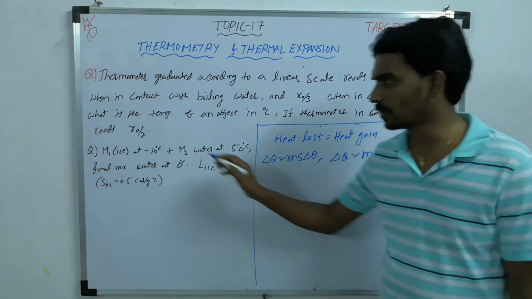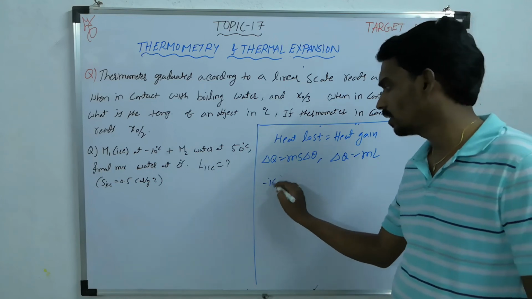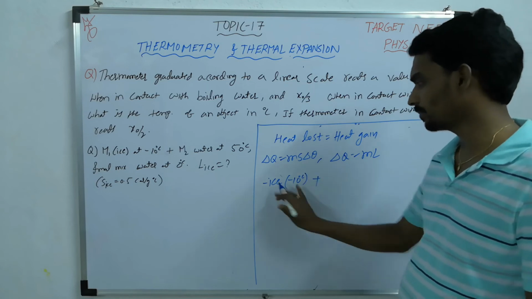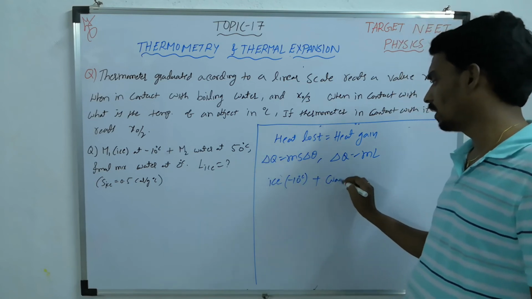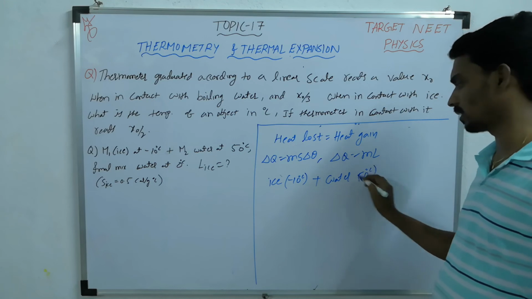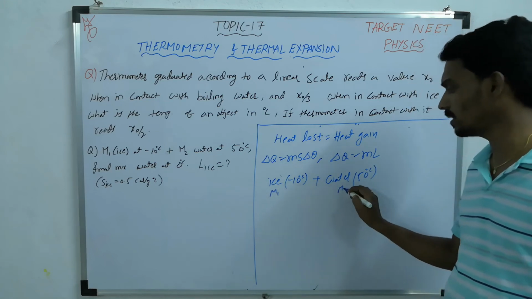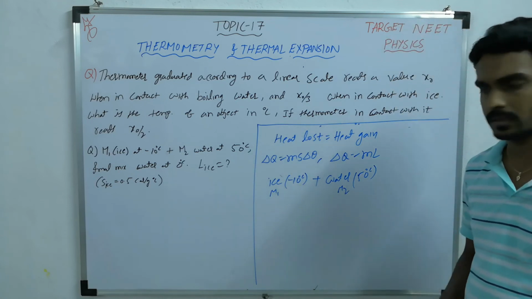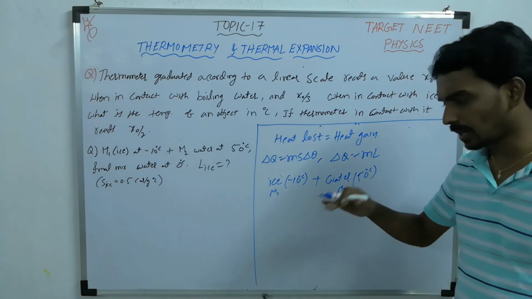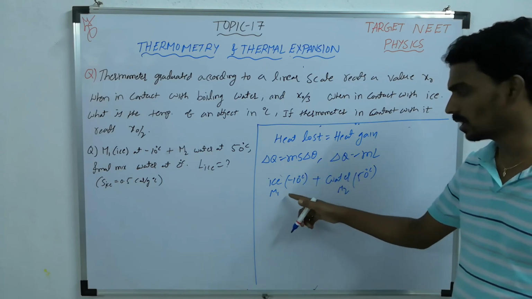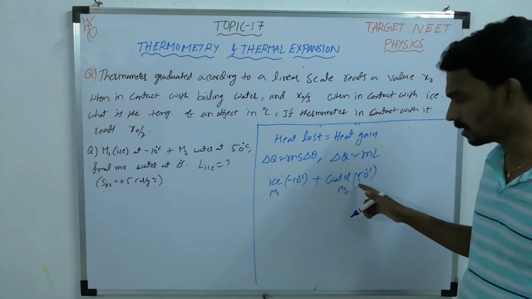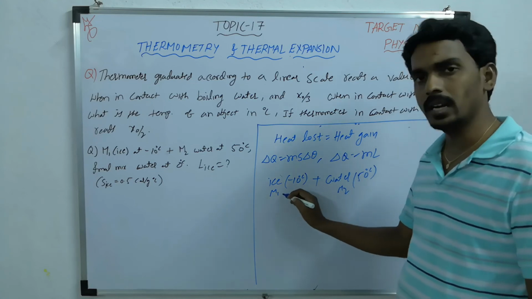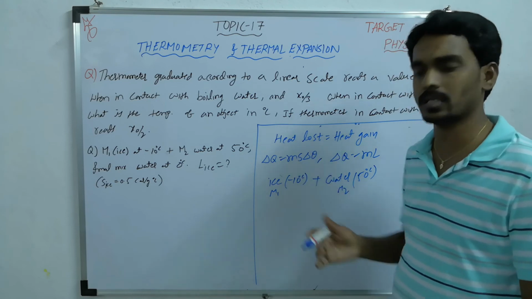Now based on this, consider the ice at minus 10 degrees Celsius mixed with water at 50 degrees Celsius; this is m1 gram, this is m2 gram. Now what happens here? The m1 gram ice is mixed. First, the ice temperature increases because it is gaining heat, while the water is losing heat.